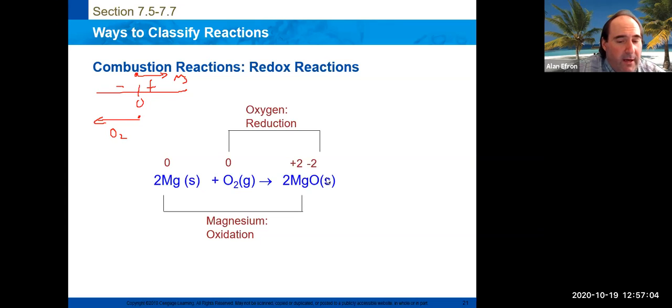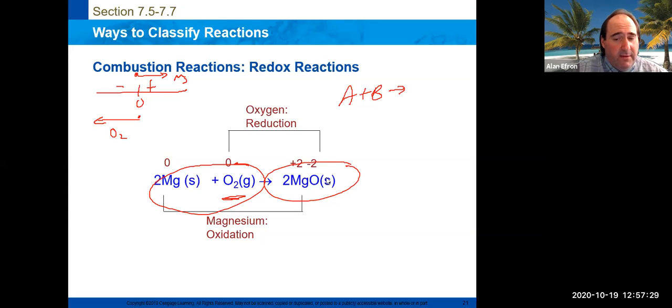So you could classify this reaction as a redox reaction, technically. You could also classify it as a combustion reaction because it involves oxygen. But most people may also classify it one more way. I have two things that make one thing. Some people may classify this as a synthesis or combination reaction, like we saw earlier.